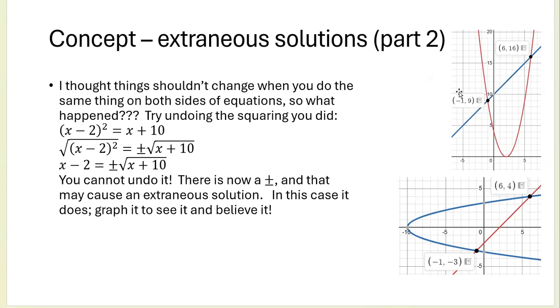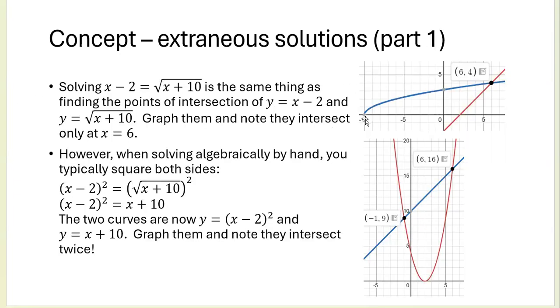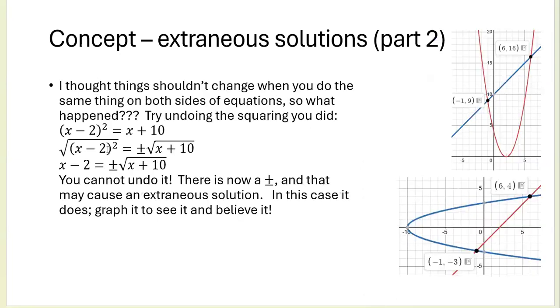Why did it go from one solution to two solutions? Let's look at this graph over here. This is the square root function, and this is the linear line. Algebraically, when we squared both sides, if you square root it back, we get x minus 2 is plus or minus square root of x plus 10. You now have this plus or minus.